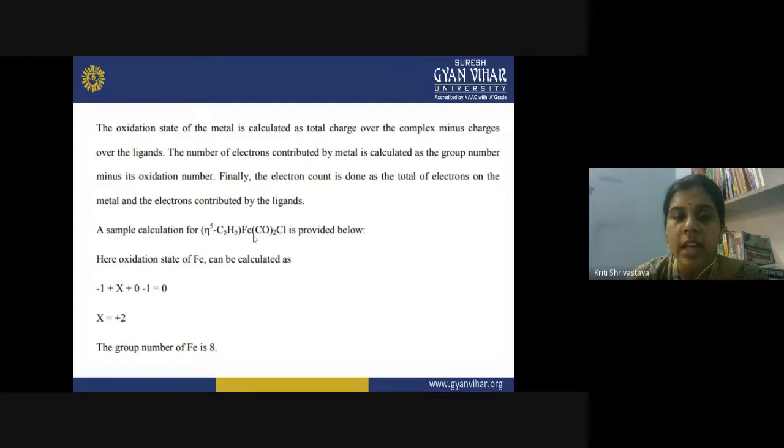So when iron is having a 2 plus charge, 1 negative on the cyclopentadienyl, and 1 negative on the chloro, the total charge on the complex becomes 0. So that is how you calculate the oxidation state of the metal. So the oxidation state of the metal is plus 2.